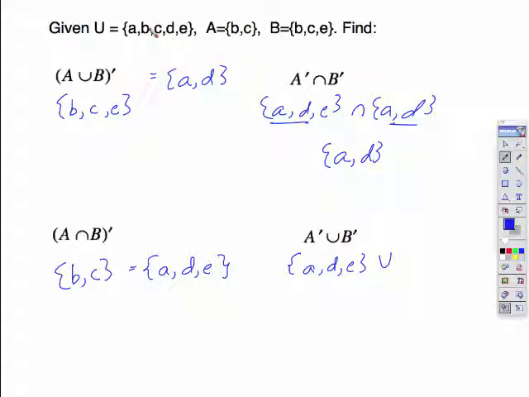B complement says wipe out B, C, E. I'm left with A, D. I want to union these. Well, A, D, E union with just A, D is A, D, E. So what that did is just verified for you that De Morgan's law works with set notation rather than just the Venn diagram notation.